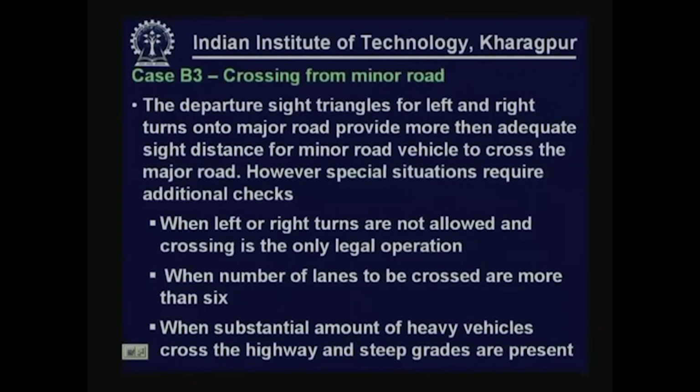Therefore, normally no separate consideration is required, but there are certain special situations like when left or right turns are not allowed and crossing is the only legal operation, or when number of lanes to be crossed are more than 6, or when substantial amount of heavy vehicles cross the highway and steep grades are present. Those are the special cases where one has to look for the required side distance for crossing the minor road.